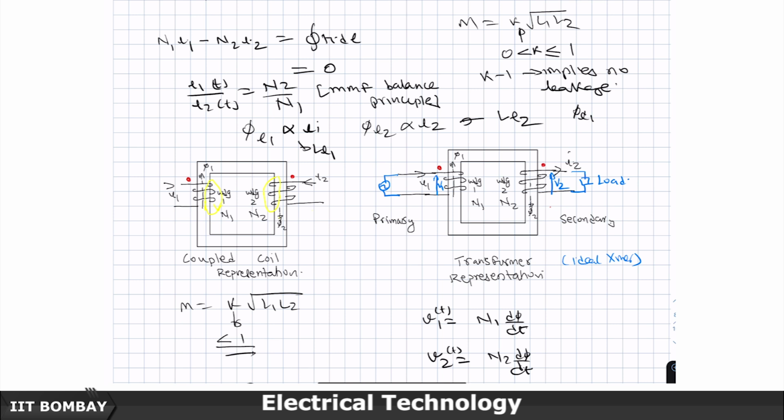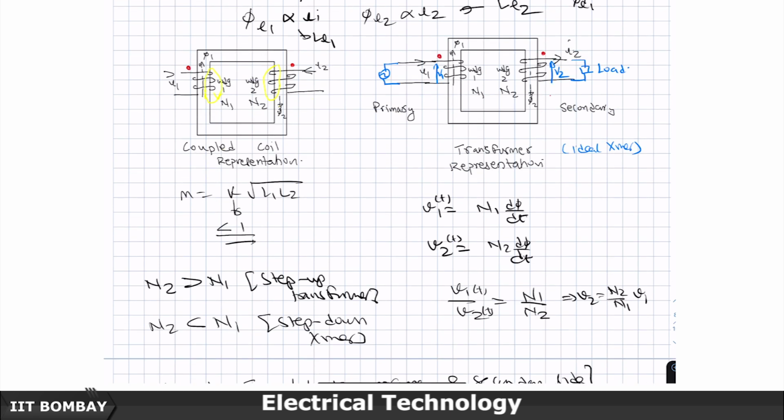So, if you connect the leakage inductance of the primary winding in series in the equivalent circuit, so that the full current I1 can flow through it, then automatically it will make sure that as the current increases, so does the leakage flux increase, and therefore also the voltage drops associated with it.